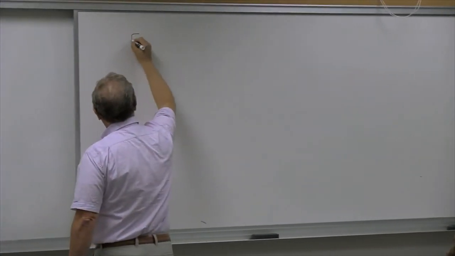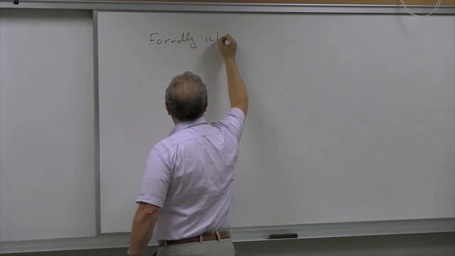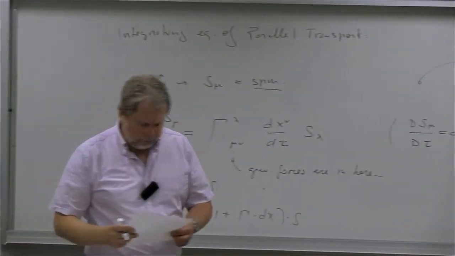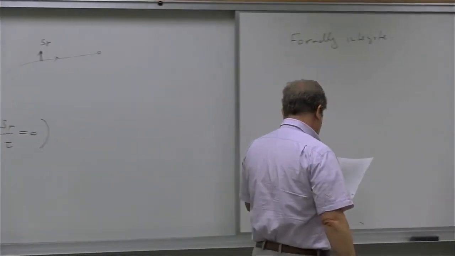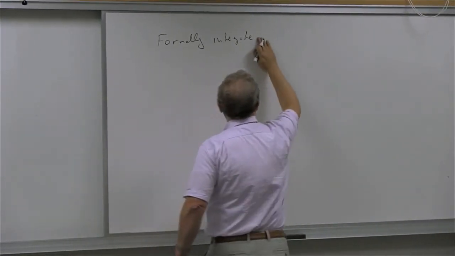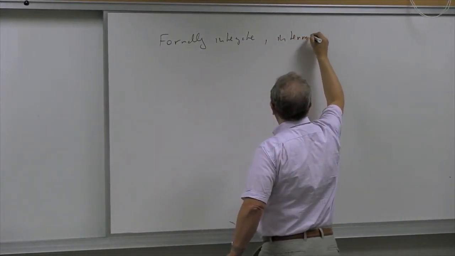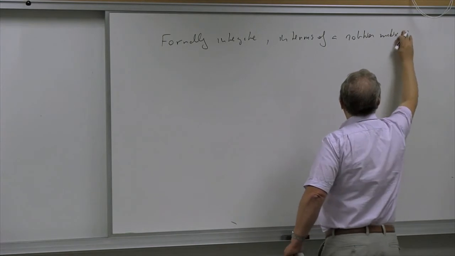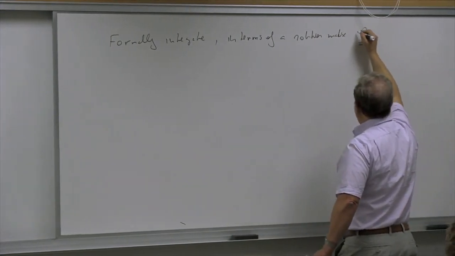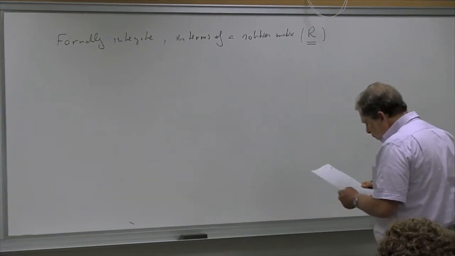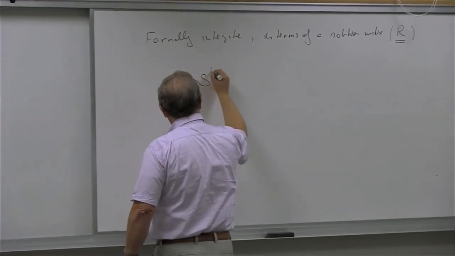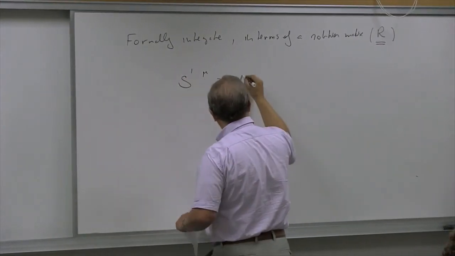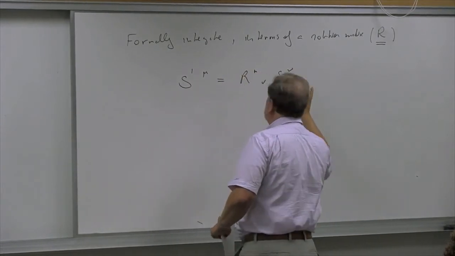And so we can formally integrate that equation by writing it in terms of a rotation matrix, which is going to be called R. And so we can write S prime with index up, S prime mu, is equal to R mu nu times S nu.